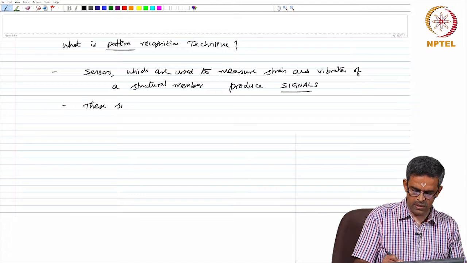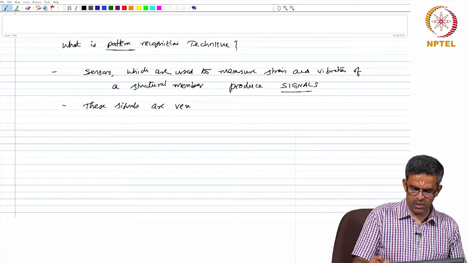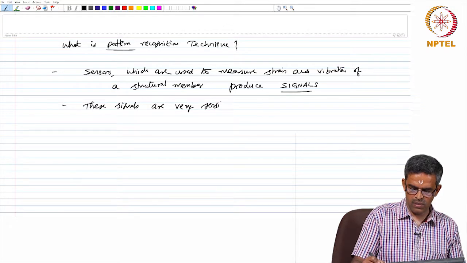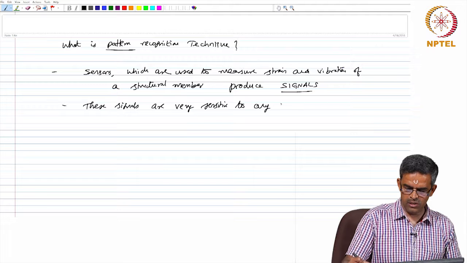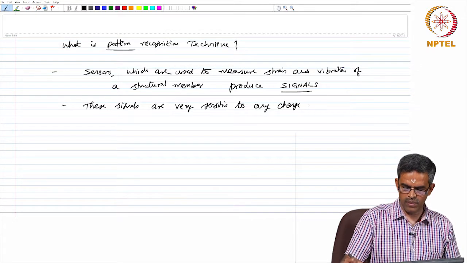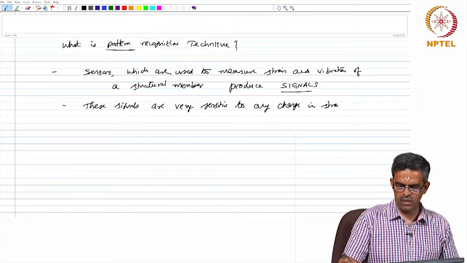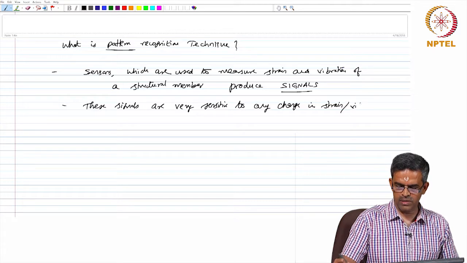These signals are very sensitive to any change in strain or vibrations measured.